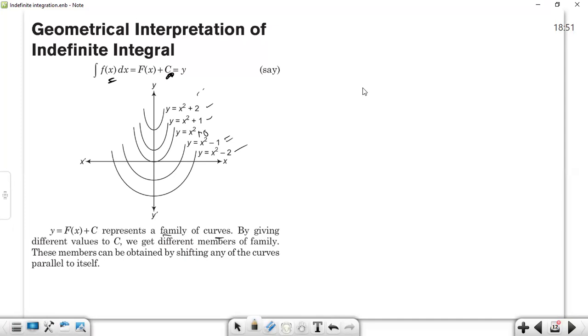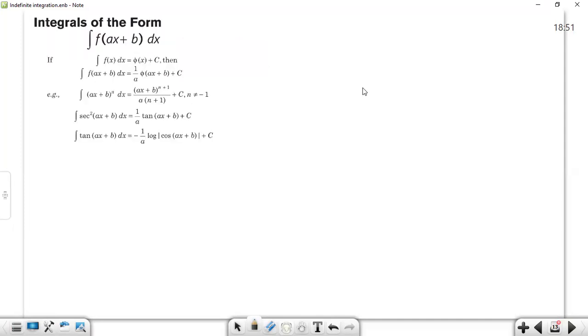Yes, sir. Great. So shall we discuss one more example? Okay, let's understand this. Integration of the form f of ax plus b. So this is basically trying to say that the function is having another function as its input.